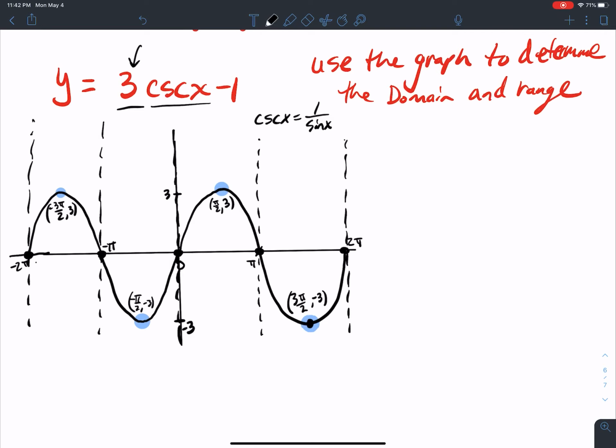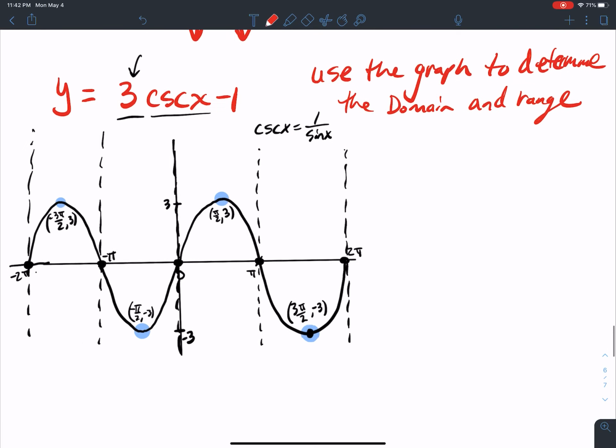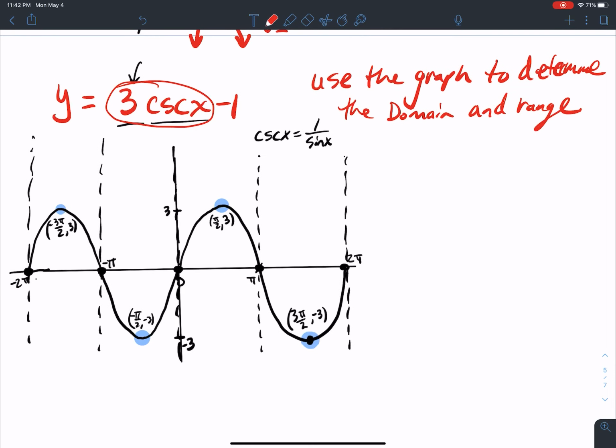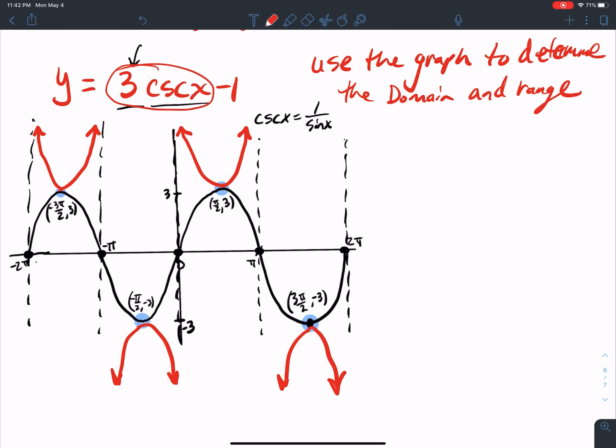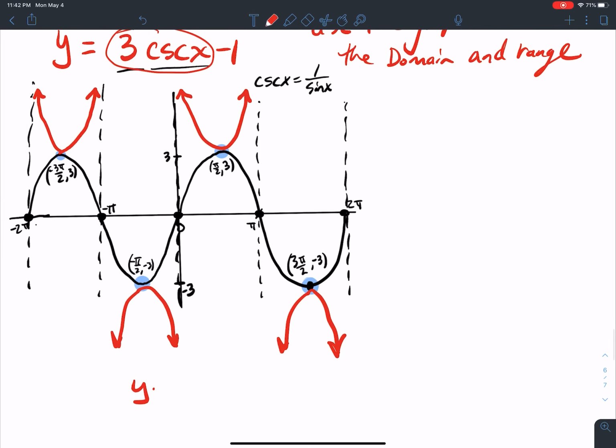All right, so this graph right here looks like this. But there's an issue. This is the graph of y equals 3 cosecant x.